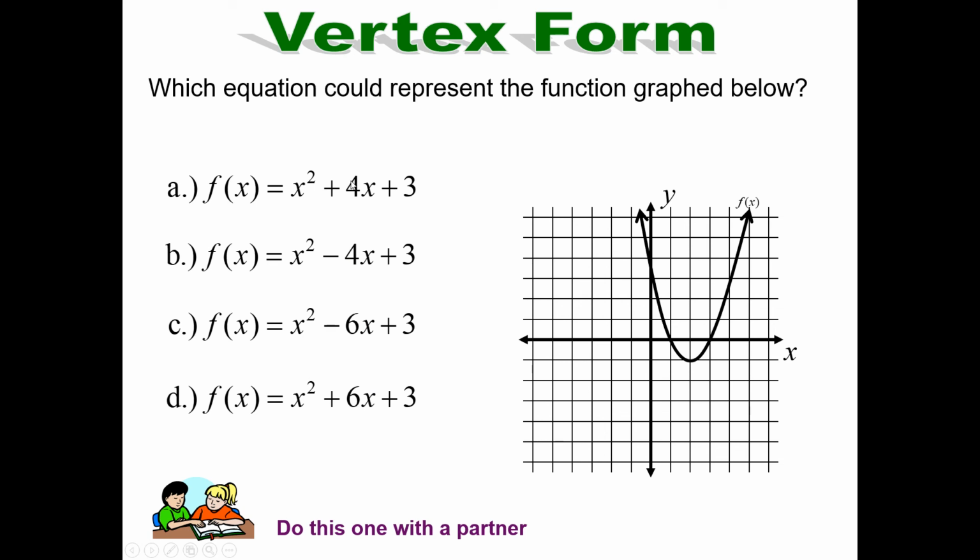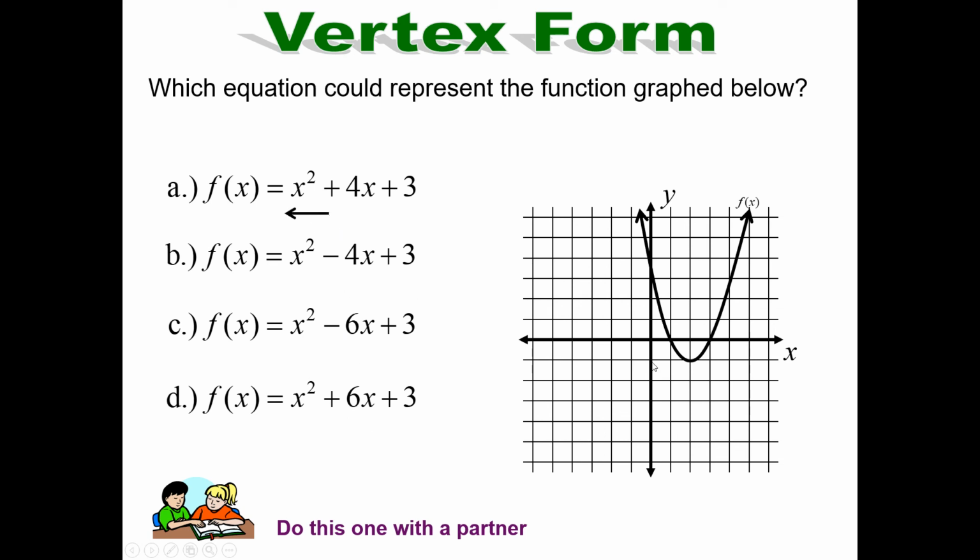And just like in vertex form, it shifts the opposite direction. So this will translate to the left, this will translate to the right, and this will translate to the left. So I know this one goes to the left.